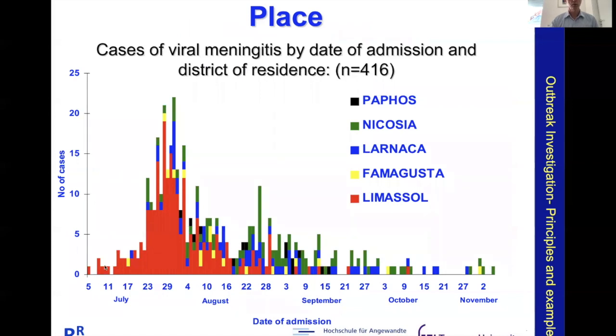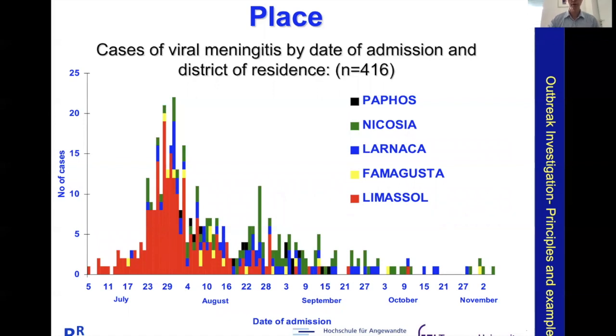We see that this person-to-person transmission can be explained by the virus spreading, doing a tour of the island, starting in Limassol and then going to other places. Once most people in Limassol were affected already and thus immune, other parts of the island still had a population which allowed the virus to spread.